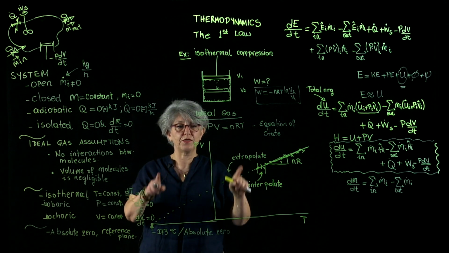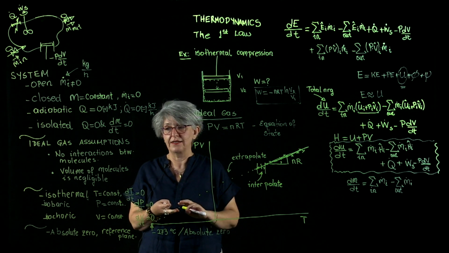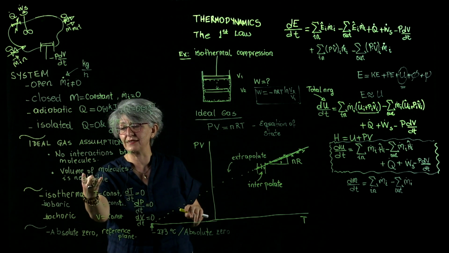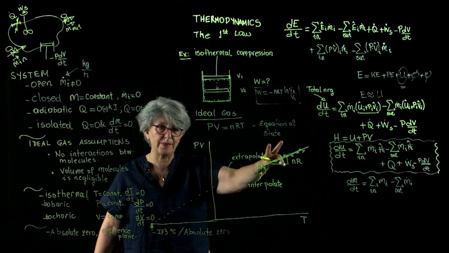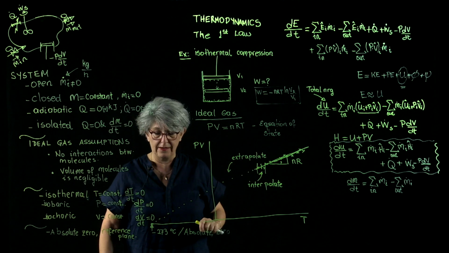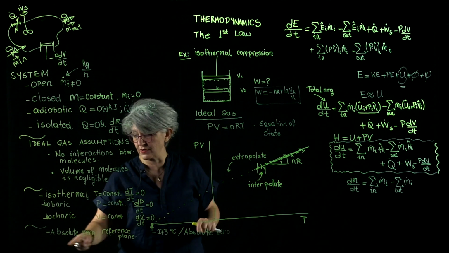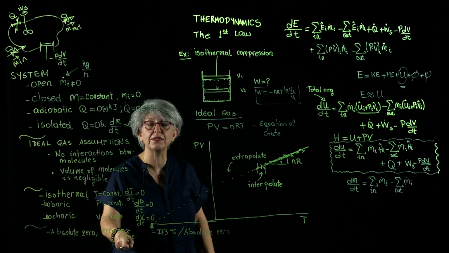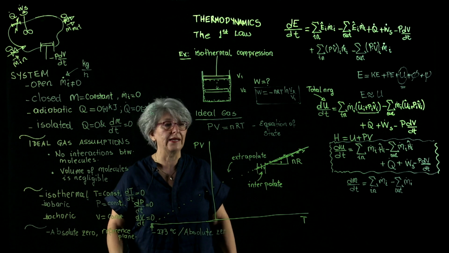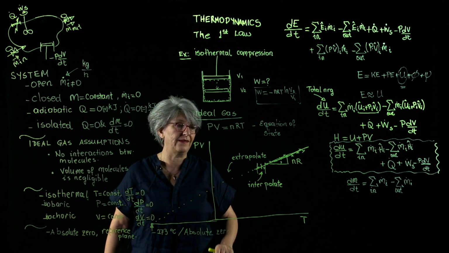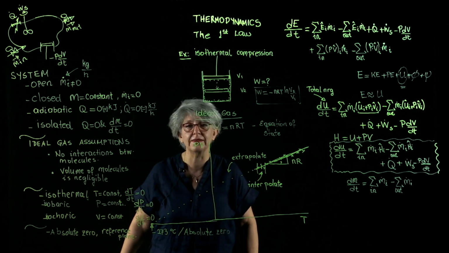So within this frame, we have learned the assumptions of the ideal gas law based on some experimental measurements. We have learned an absolute scale, absolute zero, which is now our reference plane, and we have learned the terms interpolate and extrapolate.